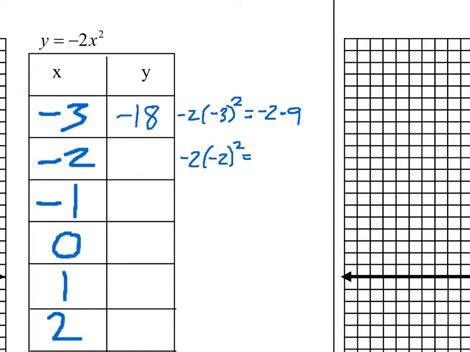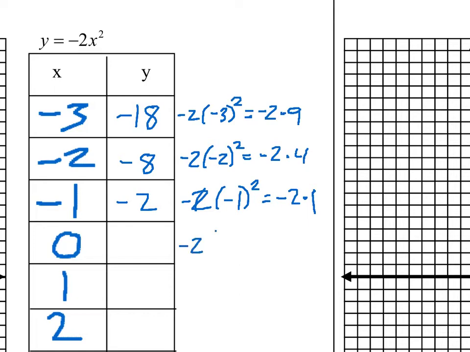Next one, negative 2 times negative 2 squared. Starting with the exponent, negative 2 squared is 4 times the negative 2. Negative 8. Negative 2 times negative 1 squared. That's negative 2 times 1, which is negative 2. Negative 2 times 0 squared.